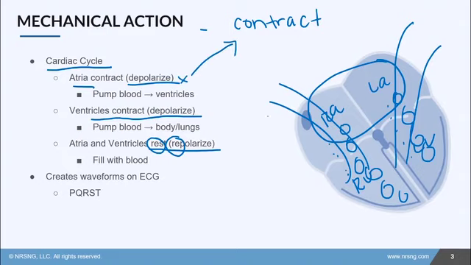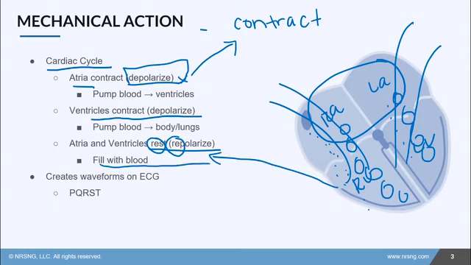When the atria contract, they are depolarizing, and the blood is going to the ventricles. Therefore, the ventricles have got to be resting so that they can fill with blood during this time. So that would be ventricular repolarization.